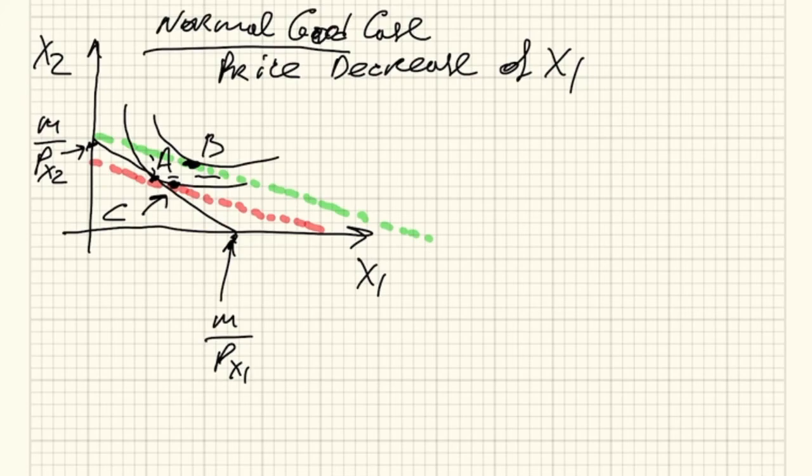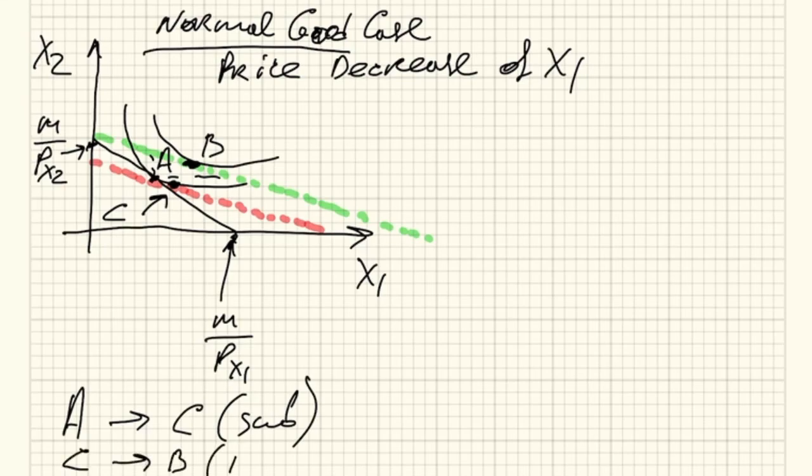And point C must be to the right of point A. Must be, because that's how the geometry works out. And moving from A to C is your substitution effect. And moving from C to B is your income effect. And that is all describing the total effect, moving from A to B.